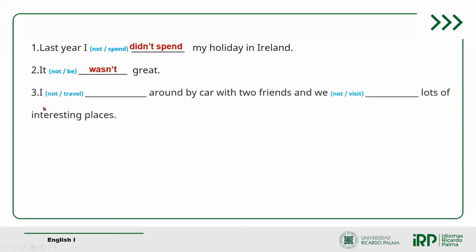Yes. Number 3. I, negative form, I didn't travel around by car with 2 friends and we, negative form, we didn't visit lots of interesting places. I didn't travel around by car with 2 friends and we didn't visit a lot of interesting places.